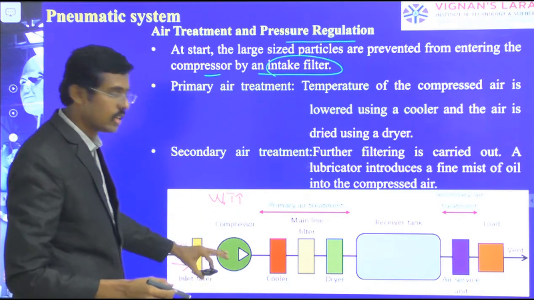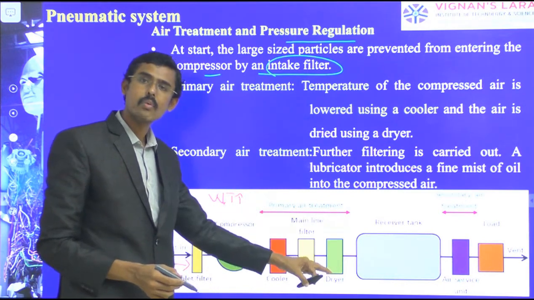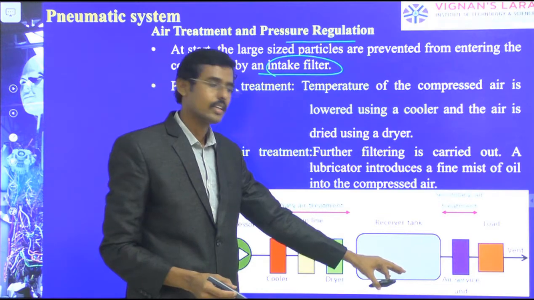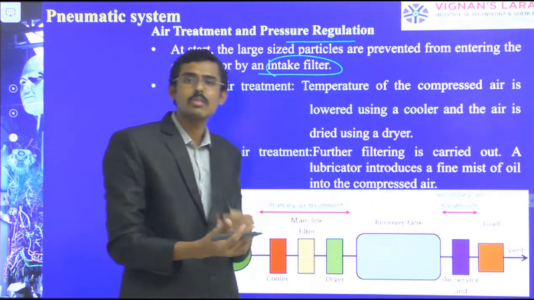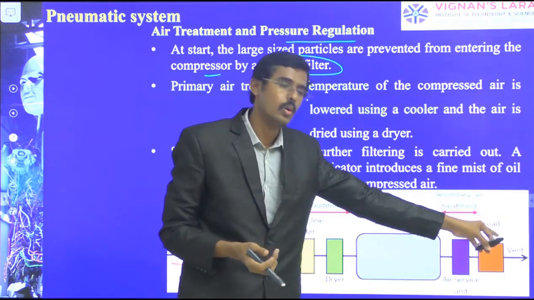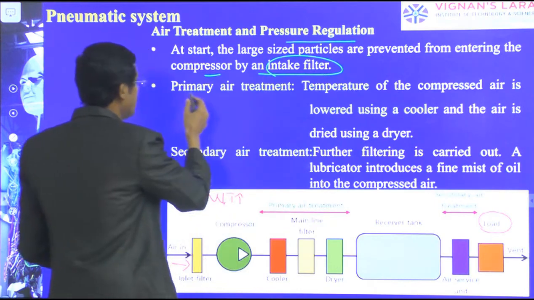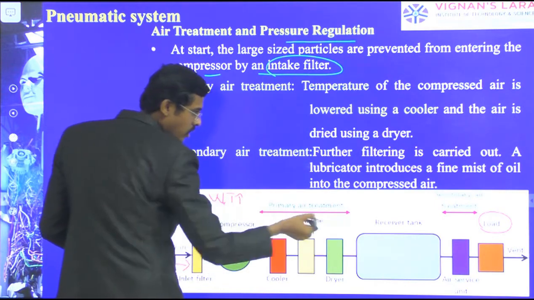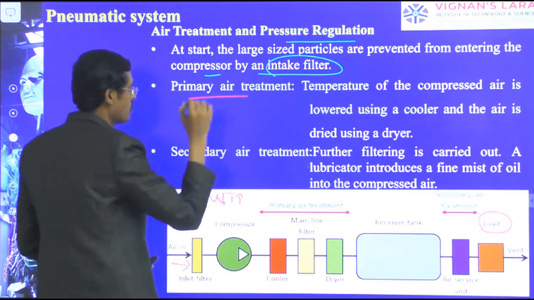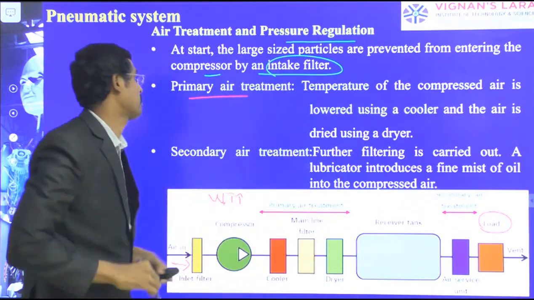Therefore from here, it again has to be cooled, then dried if required, then the reservoir tank, and the air service secondary treatment is also done for secondary filtration, and then it goes to the load. Here the loading action happens, and here the control valves will be there. Before the reservoir I am calling it primary air treatment, and after the reservoir I am calling it secondary air treatment.